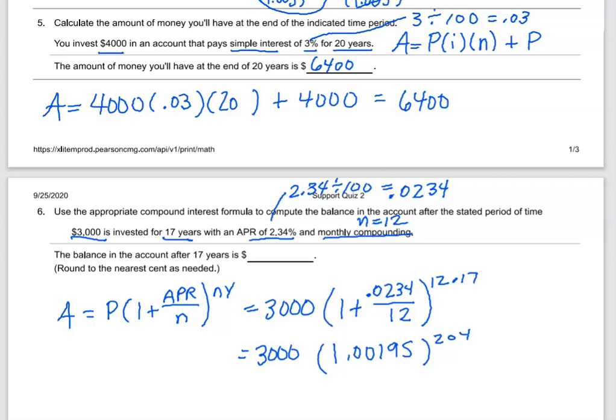Remember, if it was not something that came out nice like that, and it was like a decimal that repeats, you would go ahead and say, raise that to the 204, then multiply it times 3,000, right? So I'm going to say that to the 204 times 3,000.